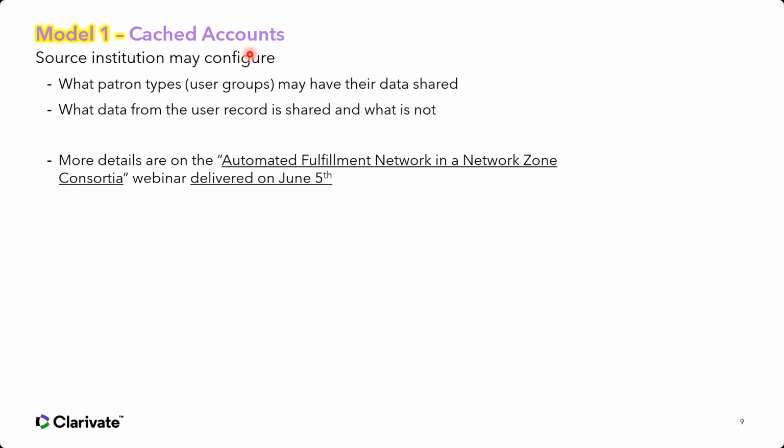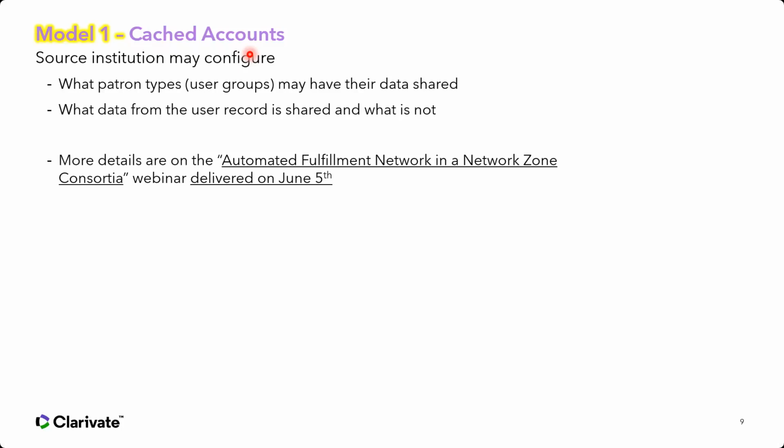Name and email would probably be the minimal information that you would need to share with another institution to enable a proper fulfillment interaction to take place. But institution A has control of its users' information and can set up what elements of the user information will be shared, and also which user groups will be exposed. So if there are some user groups that you do not want to expose, they can also be blocked by an institution A side configuration.